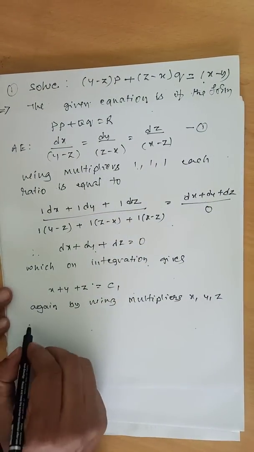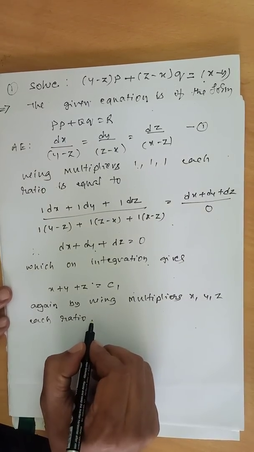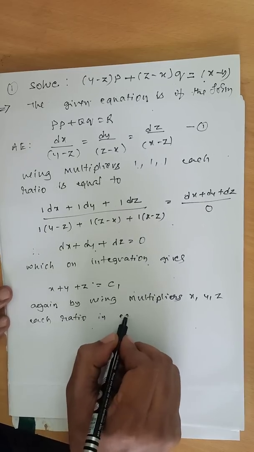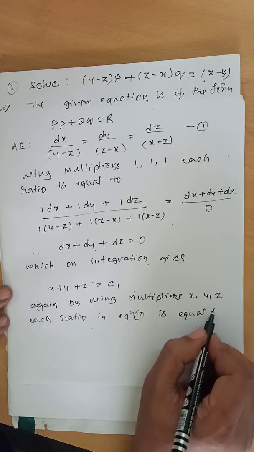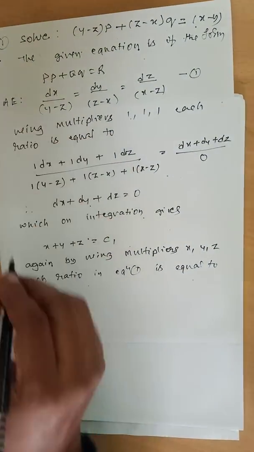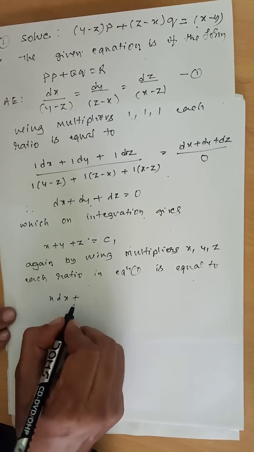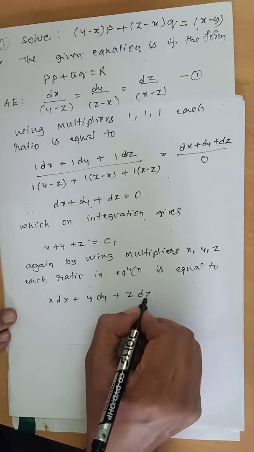xyz, each ratio in equation 1 is equal to x into dx plus y into dy plus z into dz.